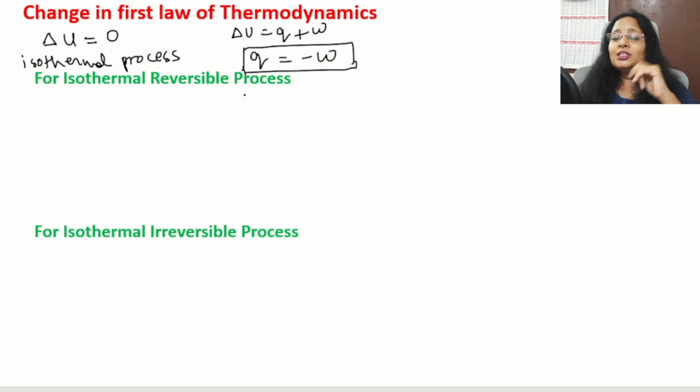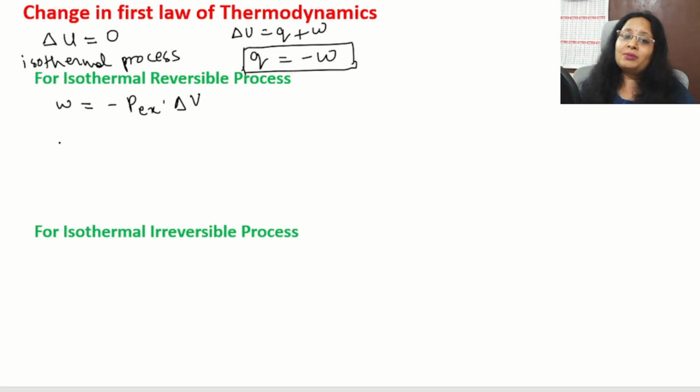Now, if the isothermal process is irreversible, we knew that W is equal to minus P external into delta V. So in that case, what about Q?